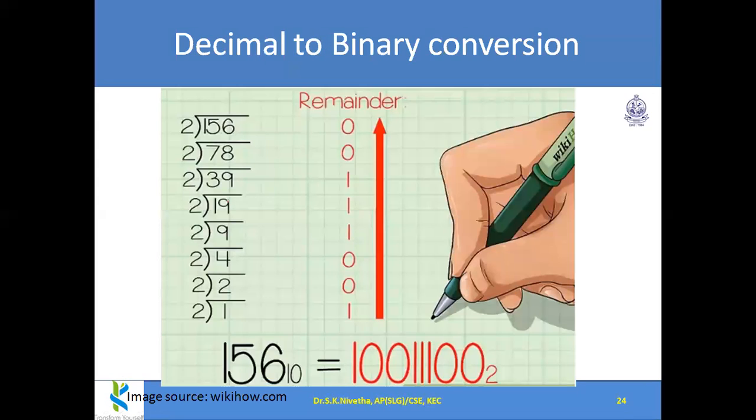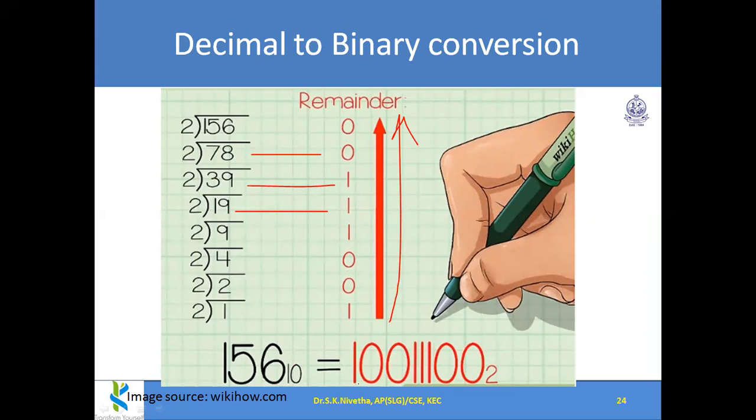Decimal to binary conversion. Normally we can follow this continuous division by 2. For each division step, we should note down the remainder value. Then finally, the remainders are to be written from the bottom to up.